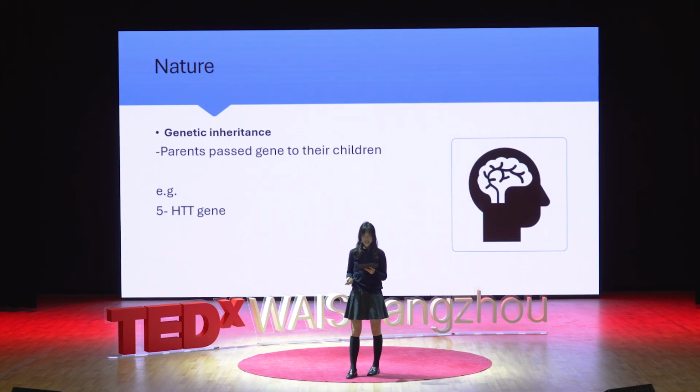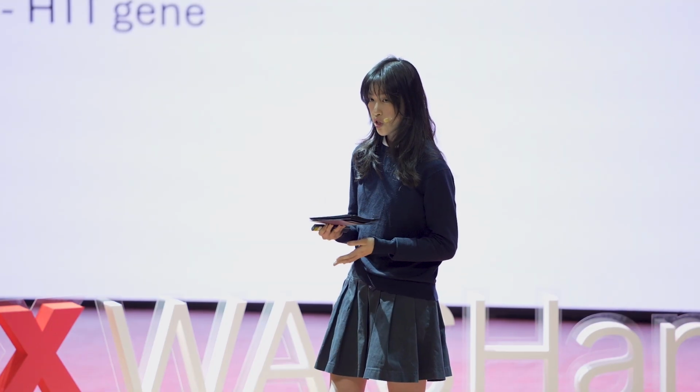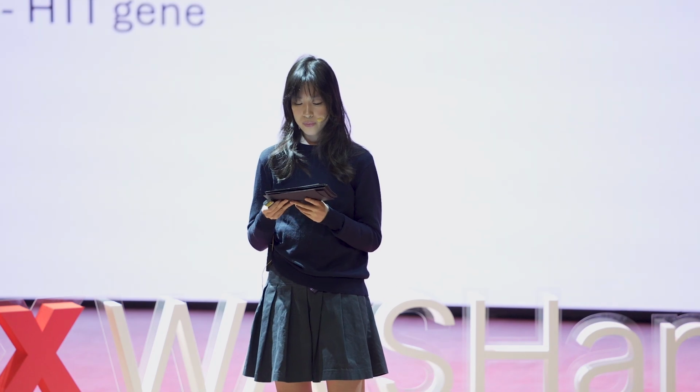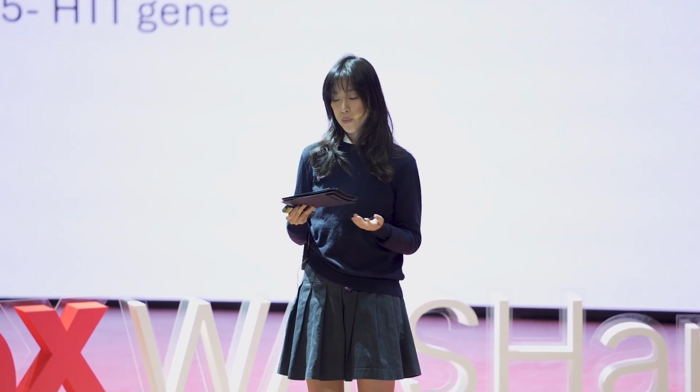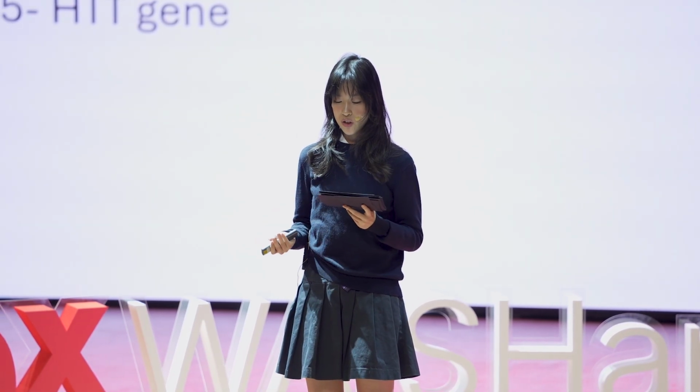Furthermore, this suggests that genetic inheritance of disorders from parents is highly possible, not only for depression, but this can also be applied to other mental disorders. The principle of genetic inheritance is that specific genes coding for emotion are passed on to children. Thus, children have a higher probability of developing the disorder too.